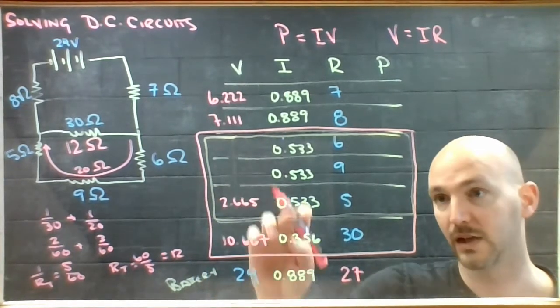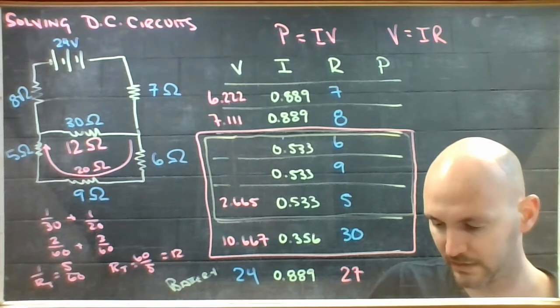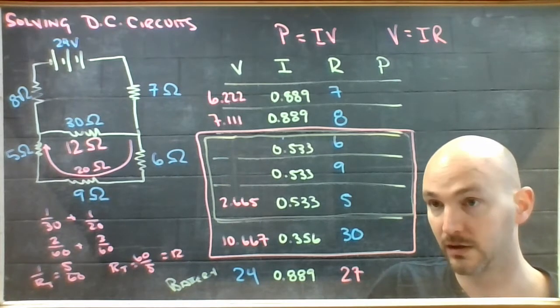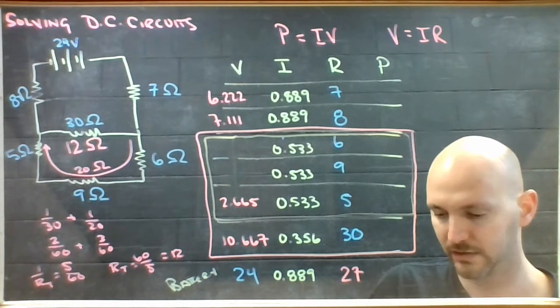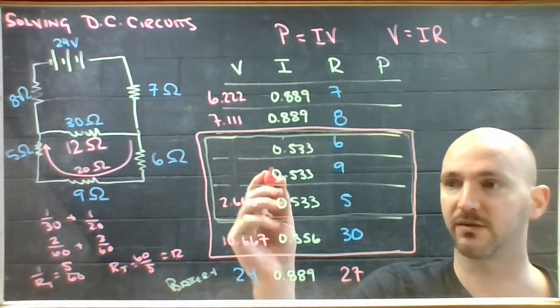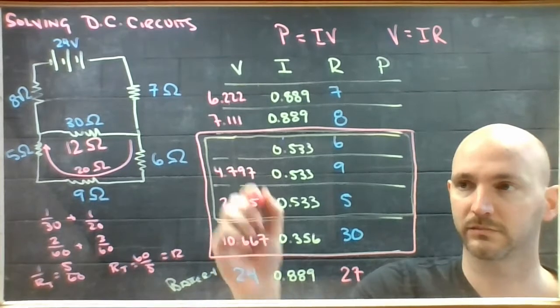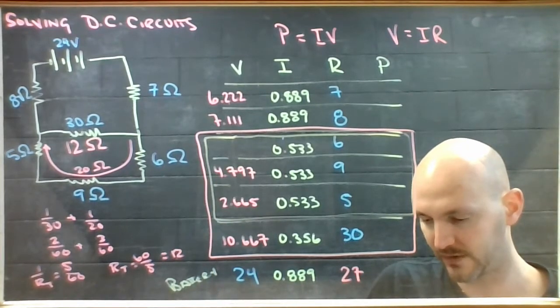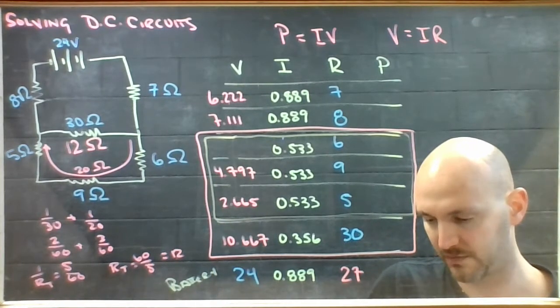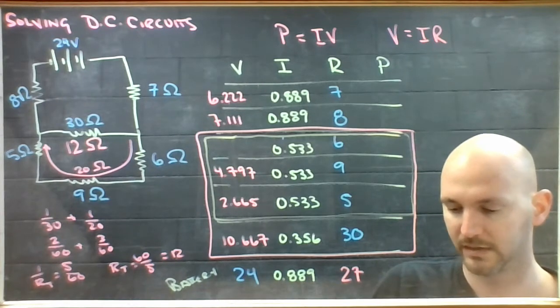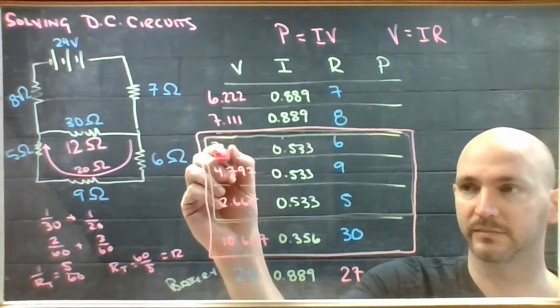And then 0.533 multiplied by 9 gives me 4.797. And then 0.533 multiplied by 6 gives me 3.198.